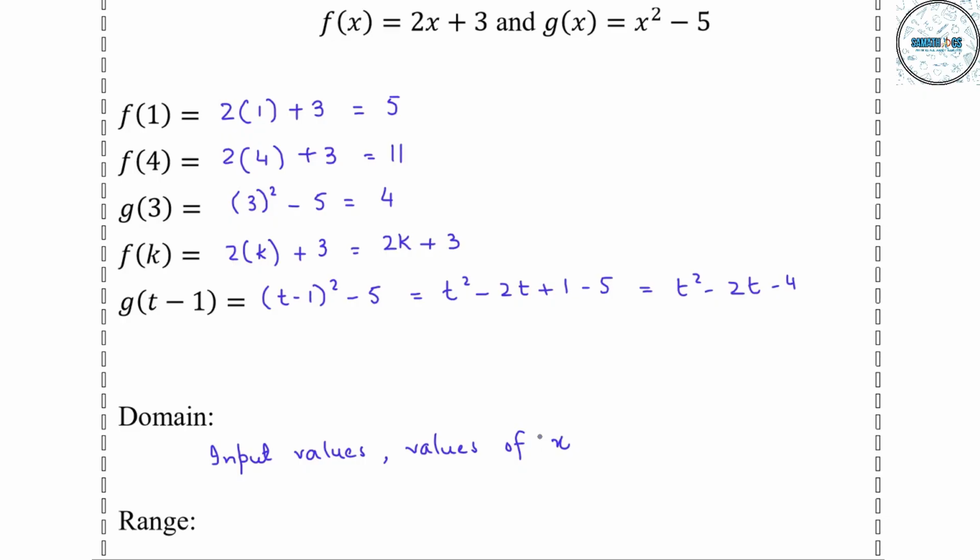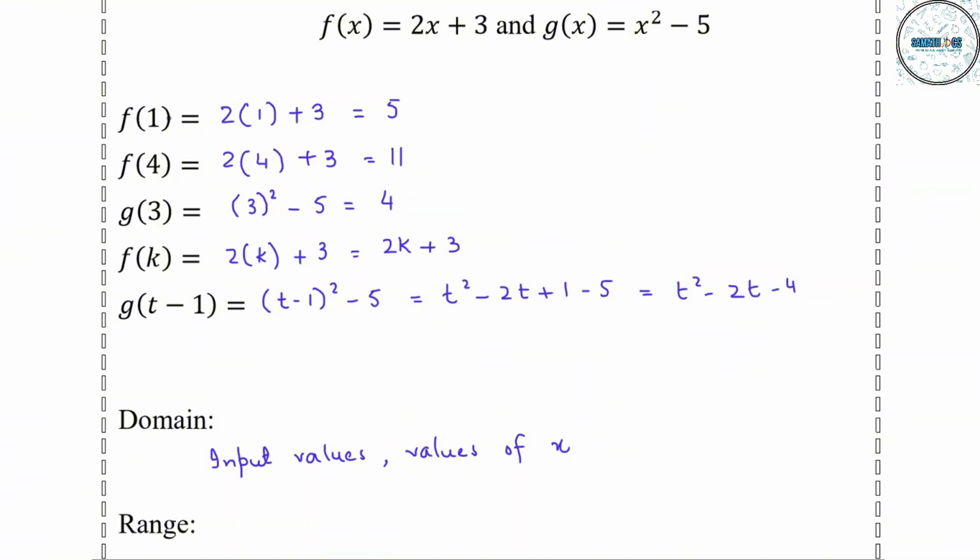So whenever it says domain of the function, it means the values of x which we use for that particular function. In this case, for function f, the values of x which we have taken are 1, 4, and k. So this is the domain of function f for this particular question. For g of x, we have used here 3 and t minus 1.